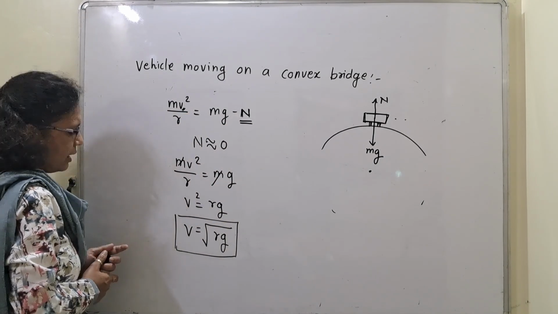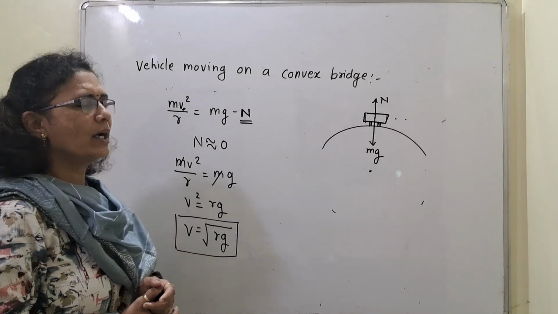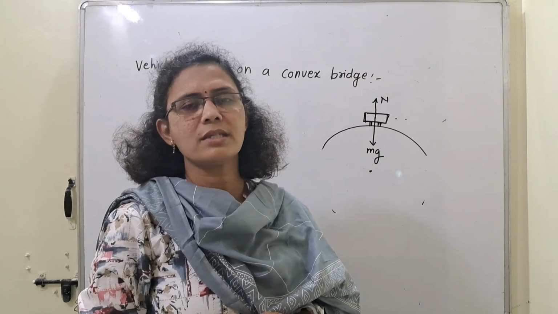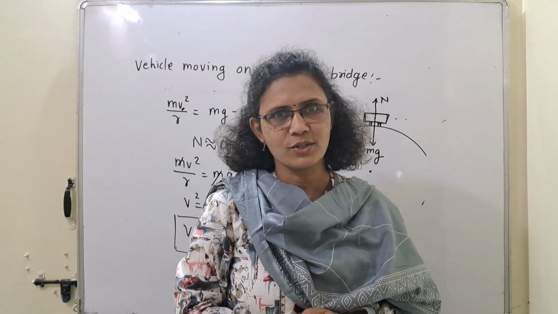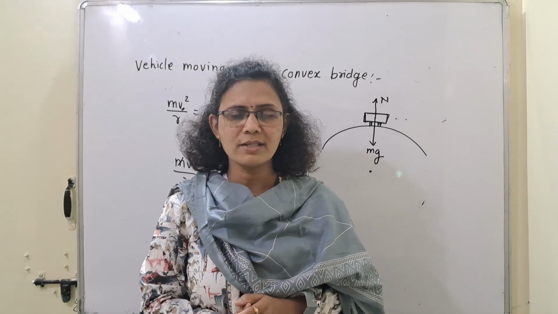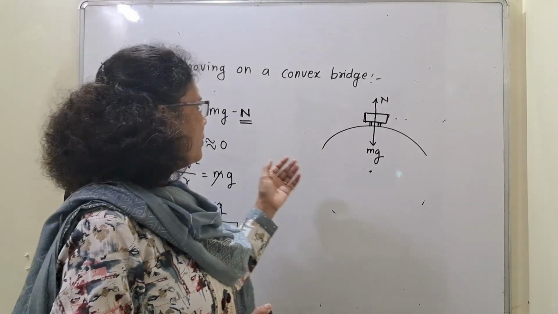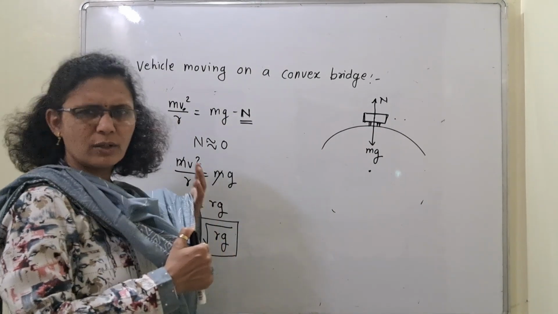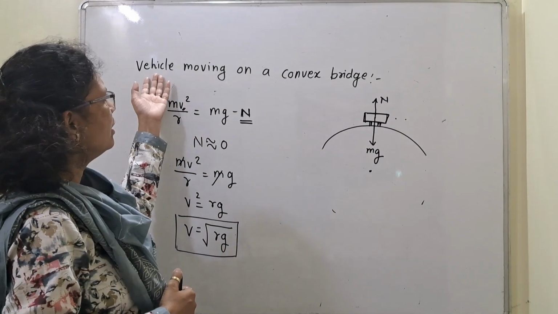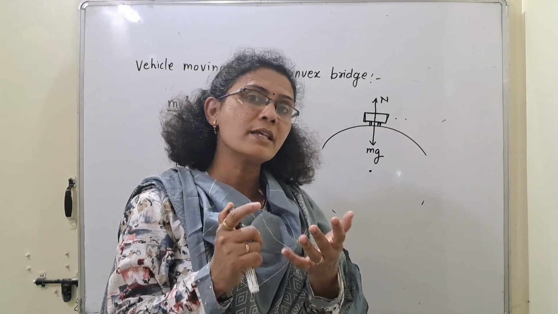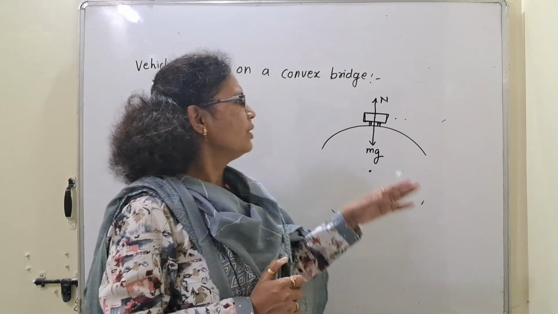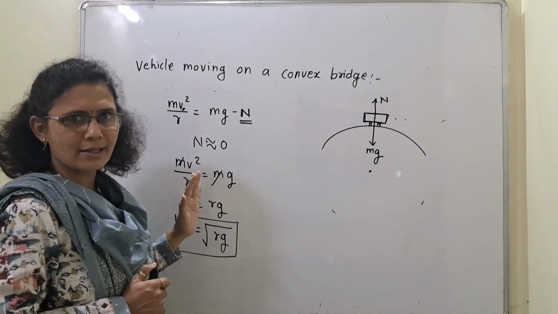The m gets cancelled and we get the value as v is equal to under root rg. So this is the formula for a vehicle when it is moving on a convex bridge. You understood these two derivations or these two formulas. There will be no question for this vehicle moving on a convex bridge, I mean the derivation. If there is a numerical depending upon that, you have to use all these things.